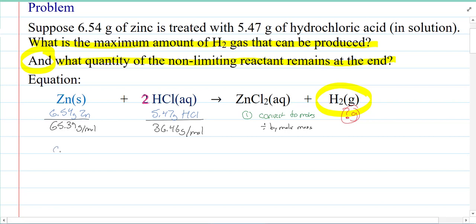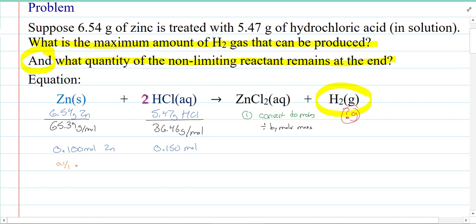For zinc, I get 0.100 moles of zinc. For HCl, I get 0.150 moles of HCl. Now we're going to figure out the limiting reactant.